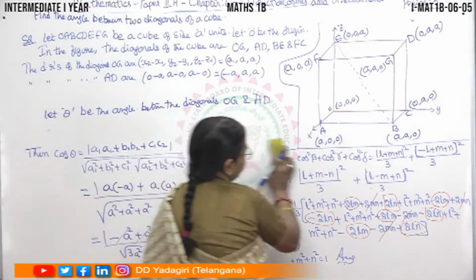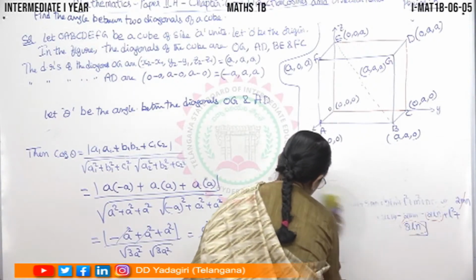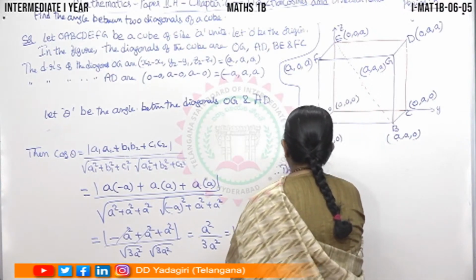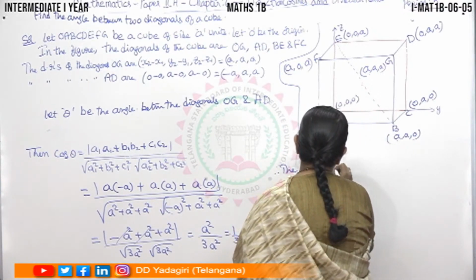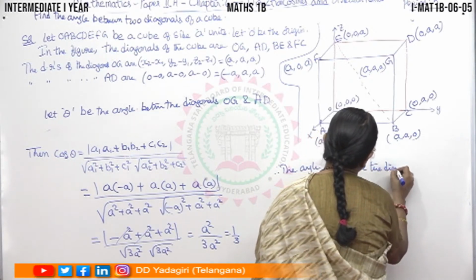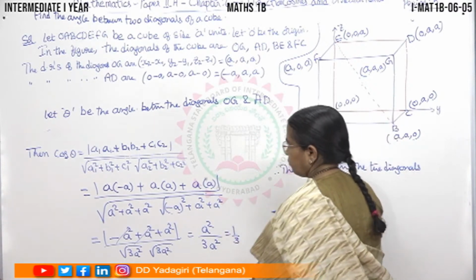So now you will write, therefore the angle between the 2 diagonals of a cube, any 2 diagonals you can take, you will get the same value.